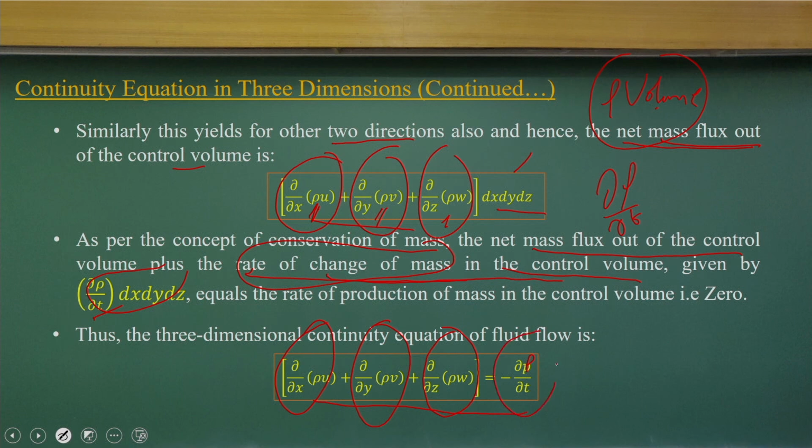This is the net storage, the rate of change of mass storage within the control volume. That is how we represent it.